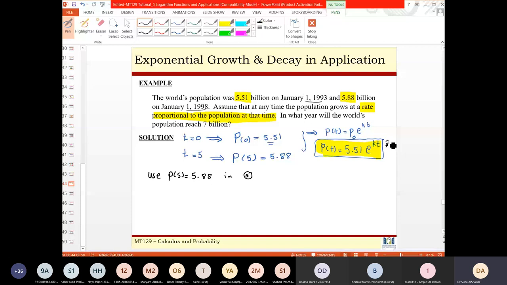This will give me the population at 5, اللي هي 5.51 exponential of 5 في ال K, غيرت T time with 5. This equals 5.88. Can you see what I did? جيت للإيكويشن ستار شلت التي حطيت مكانها ال 5 and I made everything equal to 5.88.